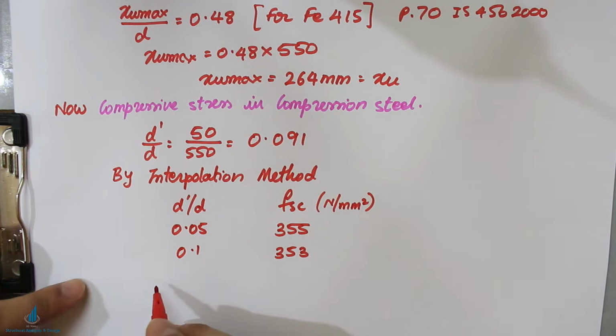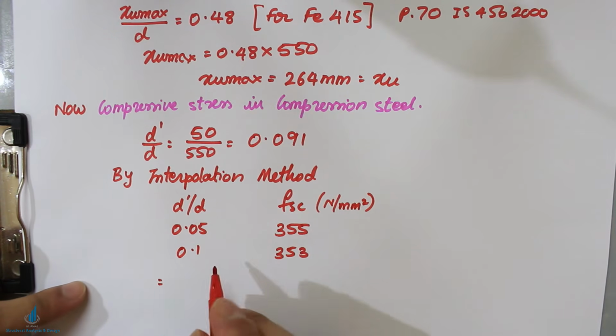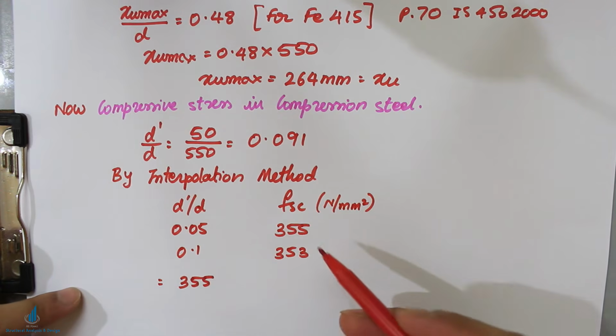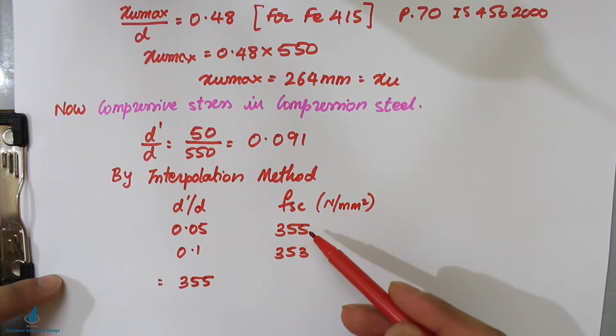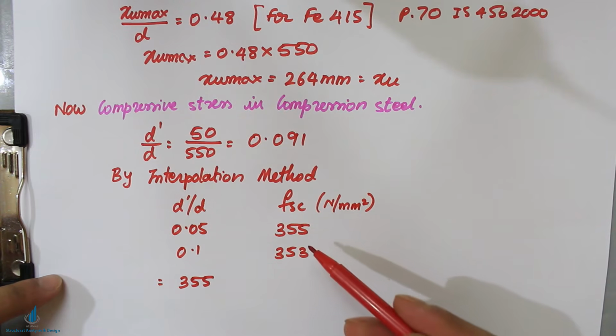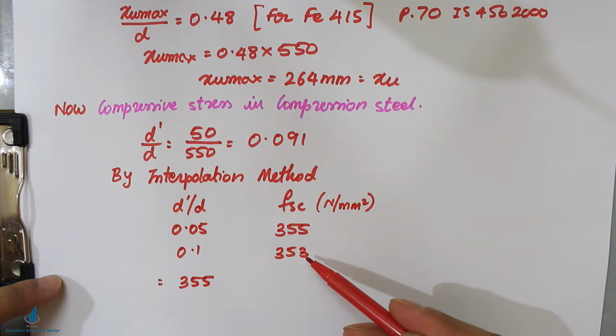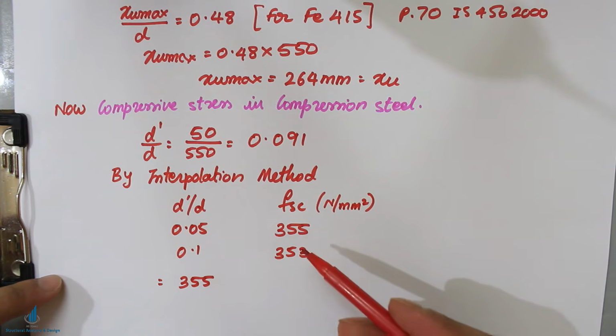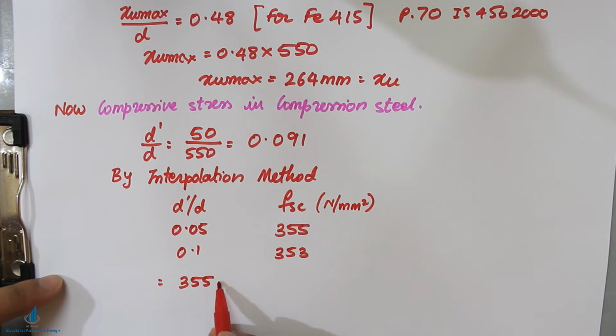In the interpolation method you take the greater value, 355, and if you see carefully, the value of Fsc is decreasing as the ratio is increasing. From 355 it decreased to 353 for the ratio 0.1. So it is decreasing, that's why you have to use a minus sign here.